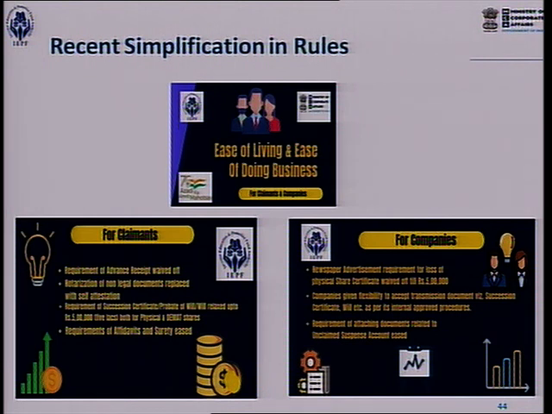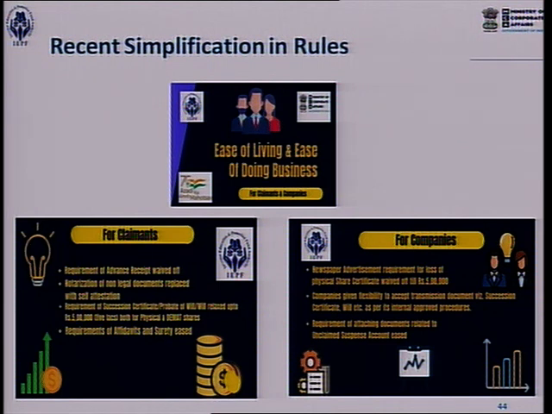We have done various simplifications in rules over a period of time to promote ease of living and ease of doing business. In the current round of simplification for claimants, advance receipt has been waived off, notarization of non-legal documents has been replaced with self-attestation, that is, you can self-attest your documents, the requirement of succession certificate and probate of will has been relaxed up to rupees 5 lakhs, and the requirement of affidavit and surety has been relatively eased.